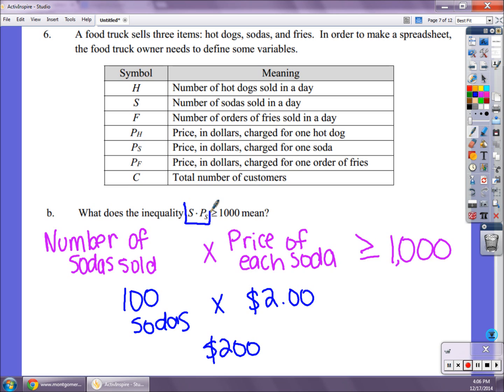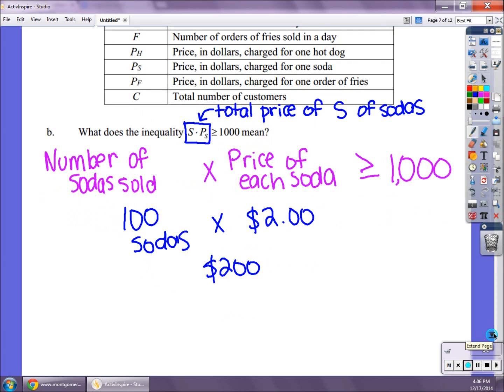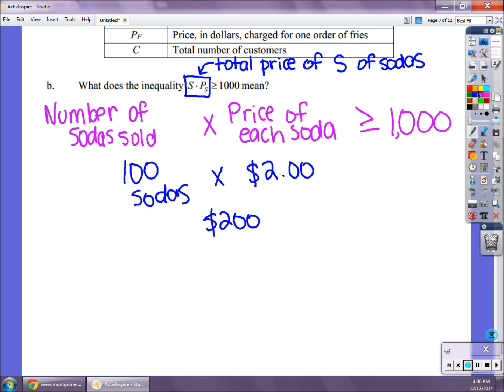S times P sub S represents the total price of S, or some number of sodas. Okay? So let's put that into a complete sentence. I'm going to scroll down a little bit. And this is where you can actually write.